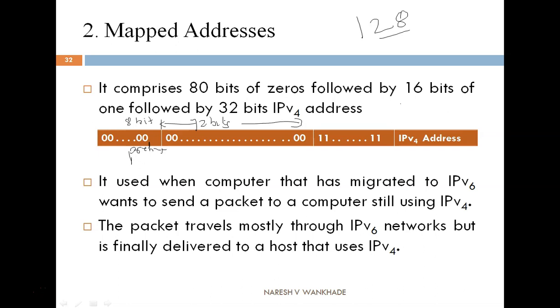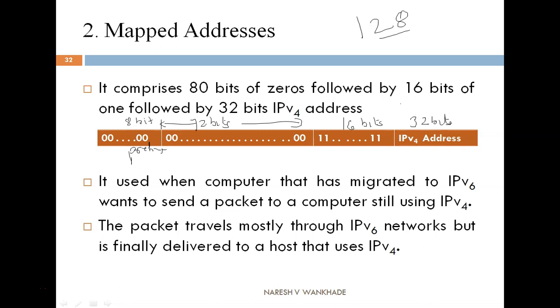Means this 8 bit plus 72 bit, 80 bits of zeros followed by 16 bits of 1 followed by the IPv4 address which is of 32 bits. Okay, so this is the format.